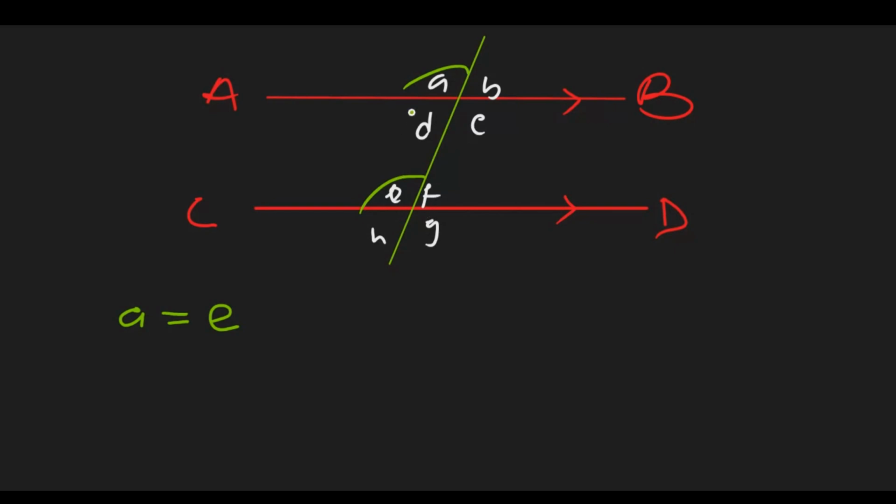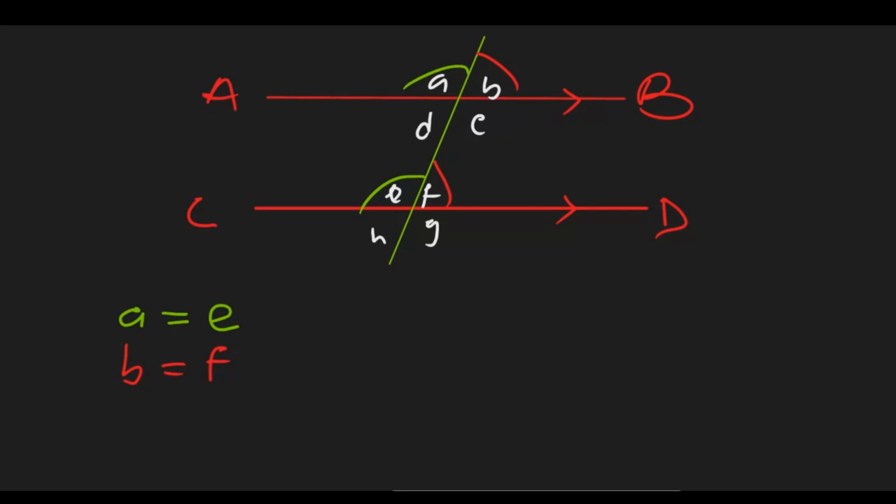Apart from these two angles, we can also see that the angle B and F also occupy the same position. So you can also say that B is equal to F. They are corresponding.